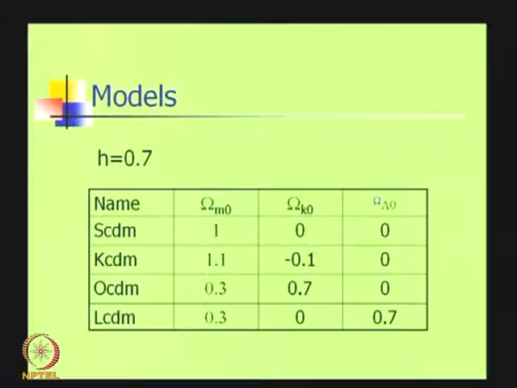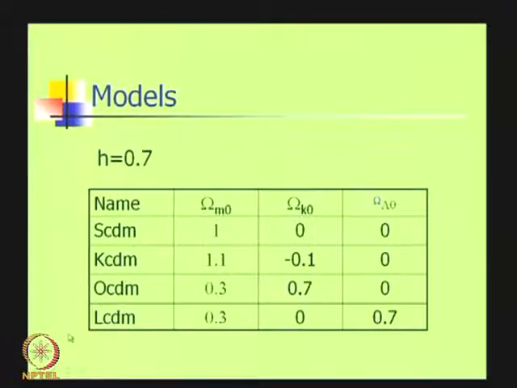The third model is open CDM. This is a cosmological model where omega matter, the pressureless matter contribution, is 0.3. There are observations which indicate that the matter contribution at present is around 30% of the critical density, total matter contribution. Okay, so the rest of it we are assuming here is in curvature.